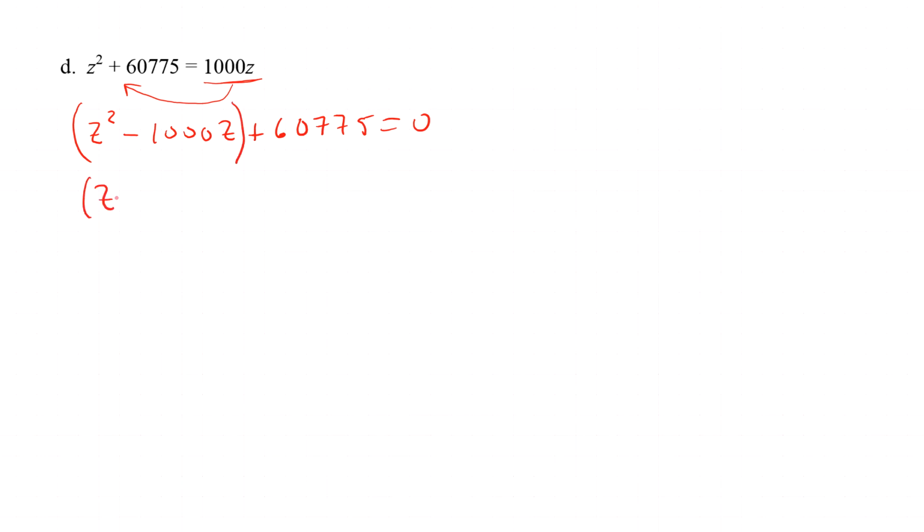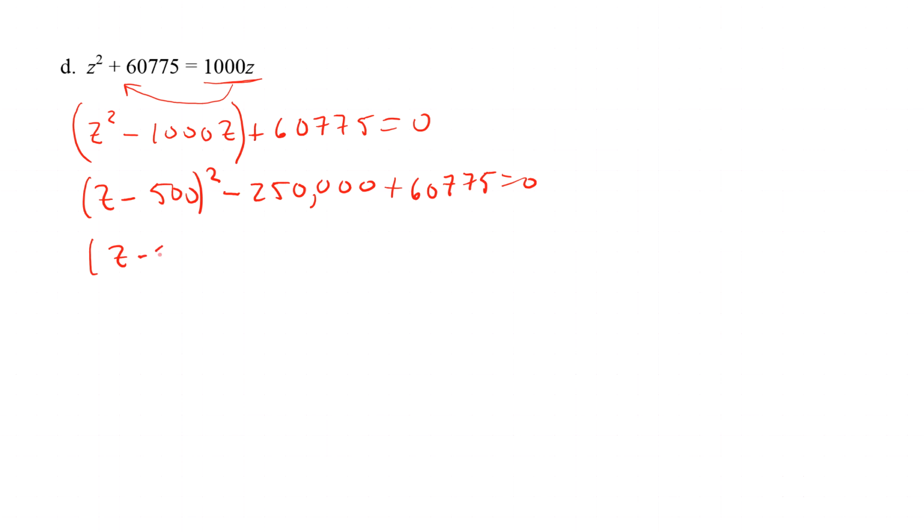So this is going to be z minus 1000 divided by 2 is 500 squared. 500 times 500 is 250,000. So this is minus 250,000. And then we're adding 6775 equals 0.